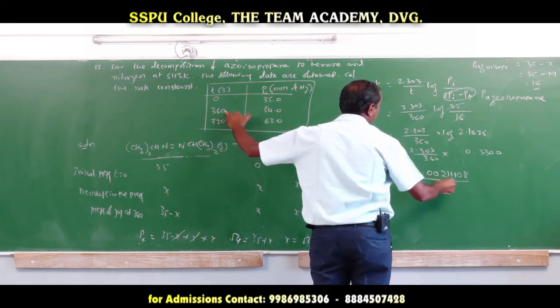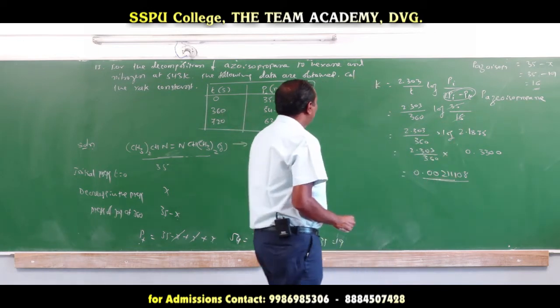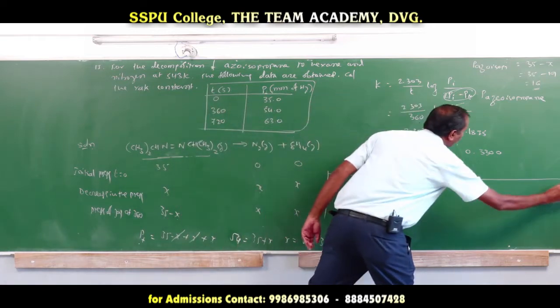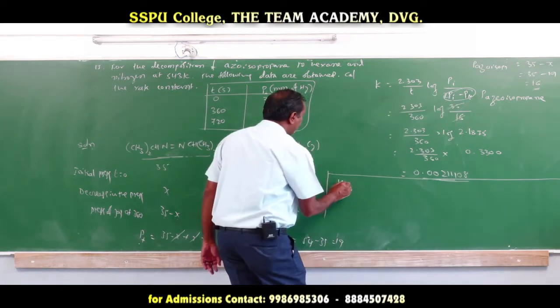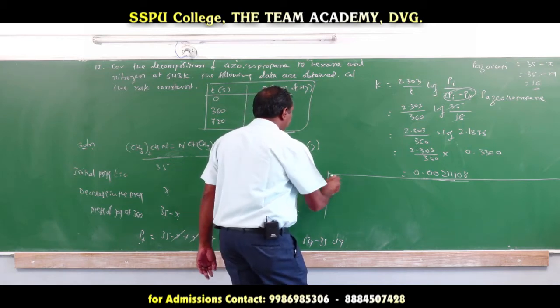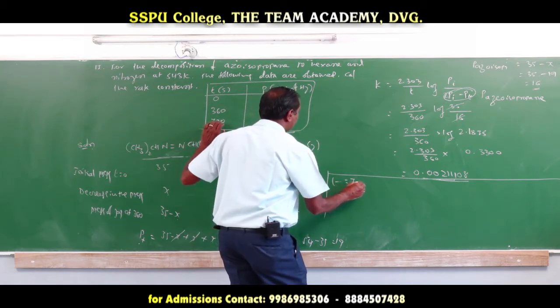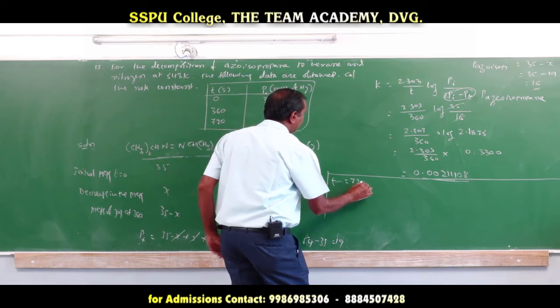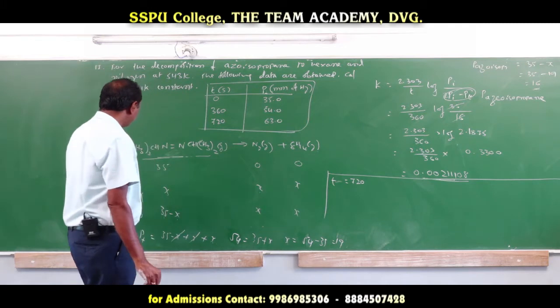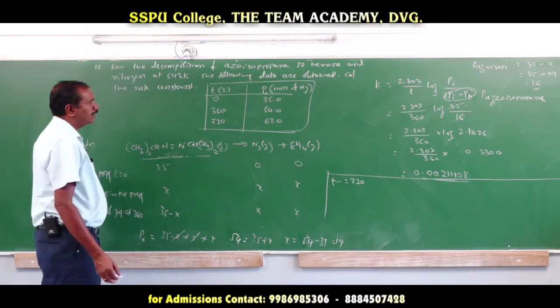Finally we get this value. Like that we can find out the K value when T becomes 720. How to calculate when time is 720?